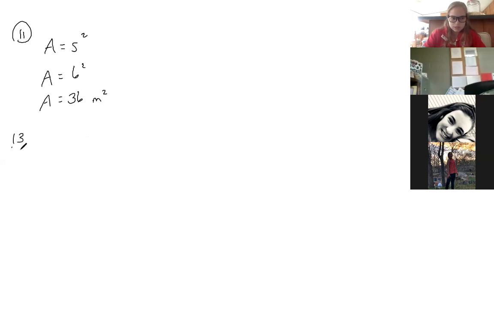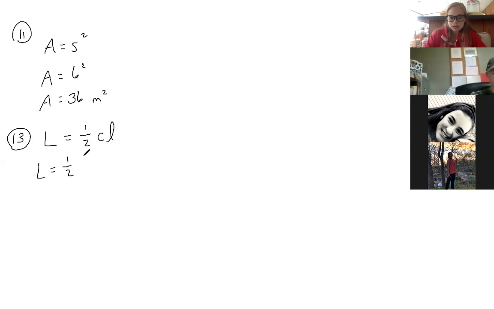Let's go to number 13. Find the lateral surface area. So use the cone to the right. In order to find the lateral surface of a cone, all right, we're talking about a cone now. What is the formula for the lateral surface of a cone? It's 1/2 times the perimeter, actually not perimeter anymore, it's circumference times the slant height.